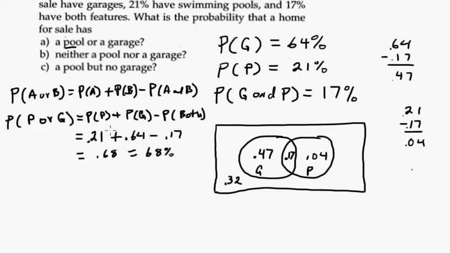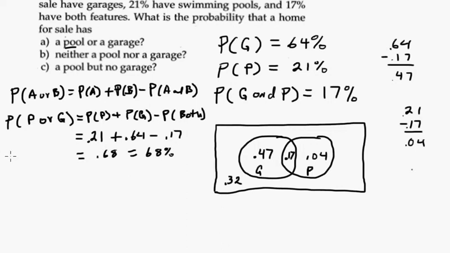Okay, so the reason we're subtracting this off is that these are not disjoint events because there is some overlap. And we can't just add these both, because then we would add the 17 twice. If we add the amount for the circles, we would duplicate the 17, so we have to subtract it off.